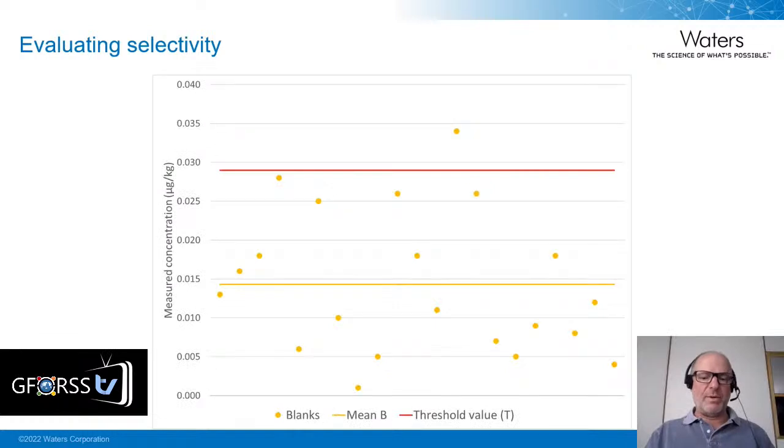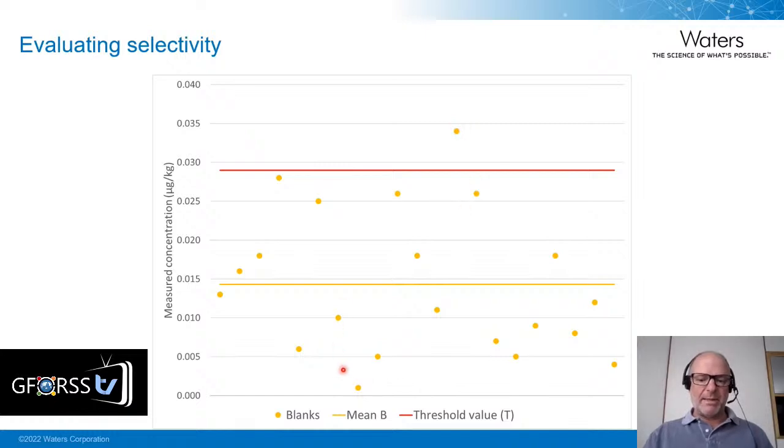And as usual with these things, it's a lot easier to see this in a graph. So here we have the measurements of measured concentration by LC-MS, in this particular case of peaks that are at the same retention time on the same MRM as our analyte, from 20 different samples of, for example, beef muscle. So we have a very low measurement here and a relatively high measurement here.